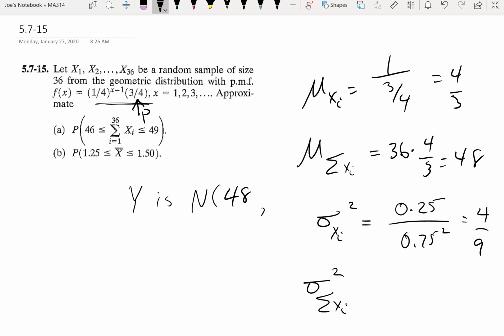It's 1 minus P over P squared. What's it going to be? That times 36.